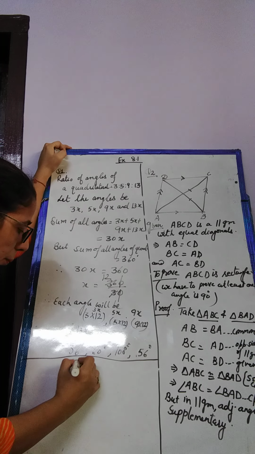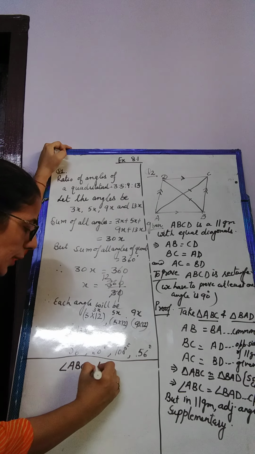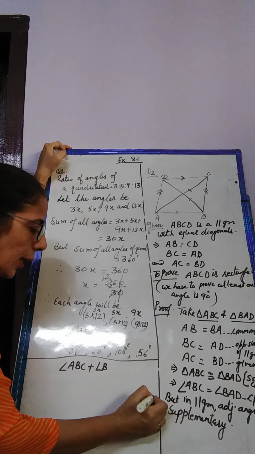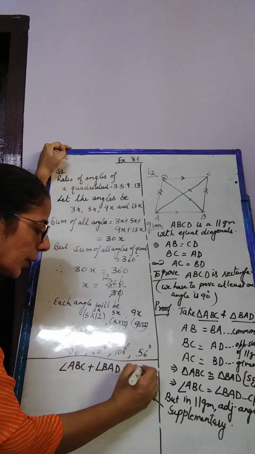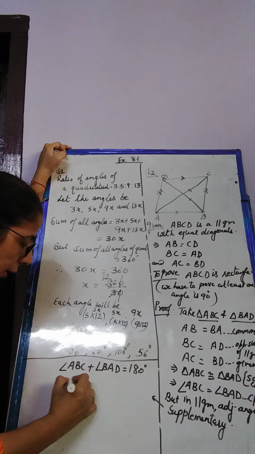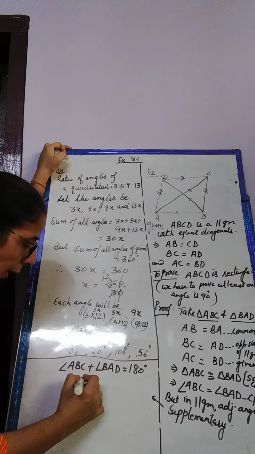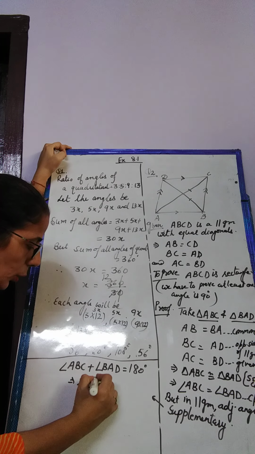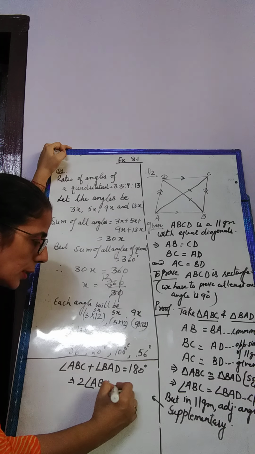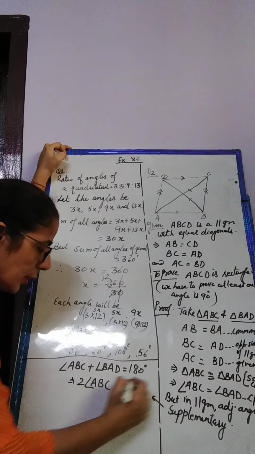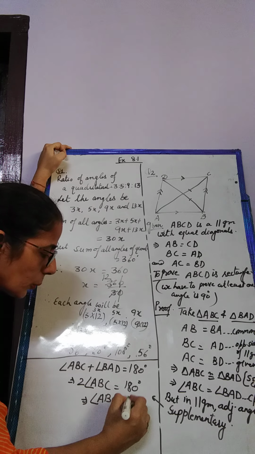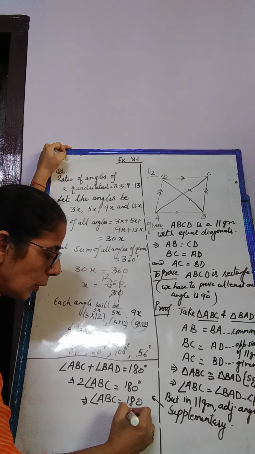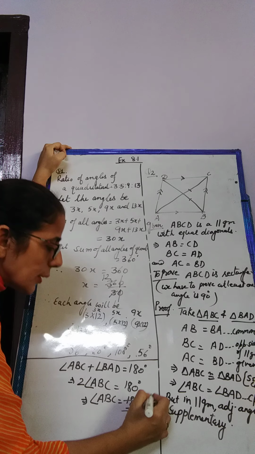Therefore angle ABC plus angle BAD is equal to 180 degrees. Because these two angles are equal, I can say twice of angle ABC is equal to 180 degrees. Therefore, angle ABC is equal to 180 by 2, that is equal to 90 degrees.